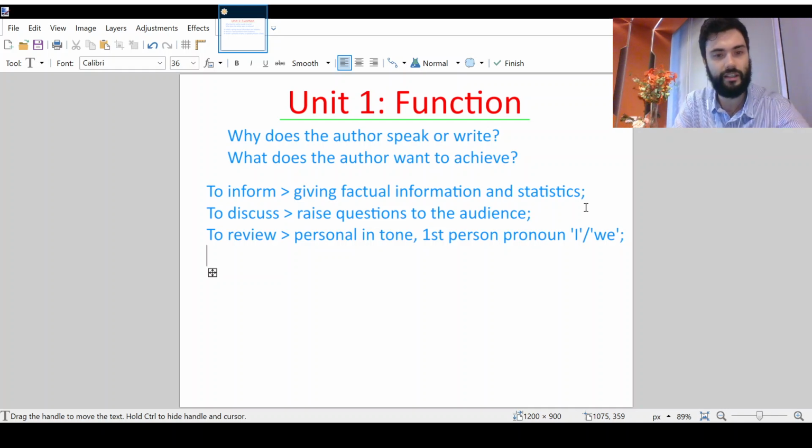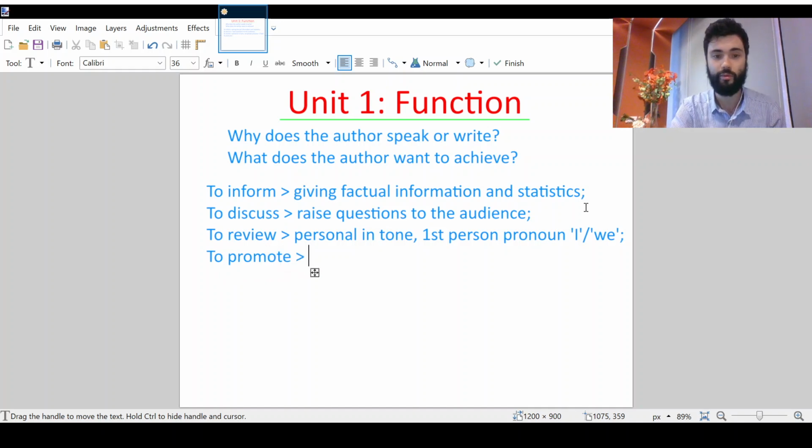And what can another function be? Let us say that it may be to promote something.